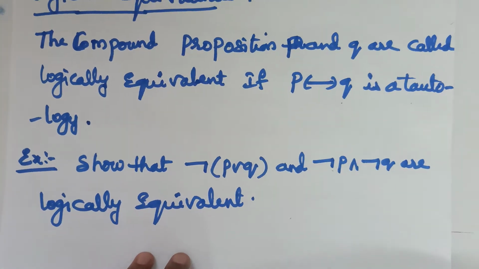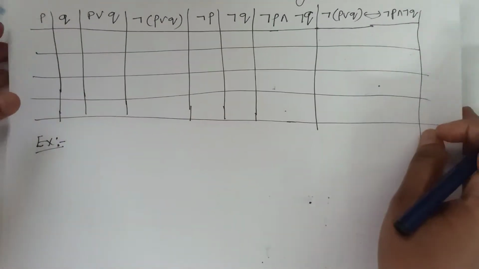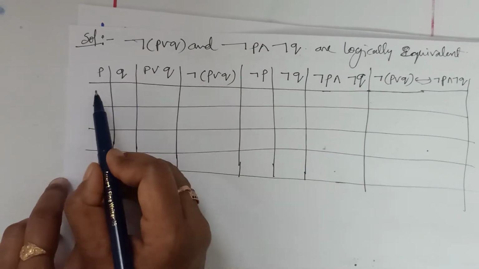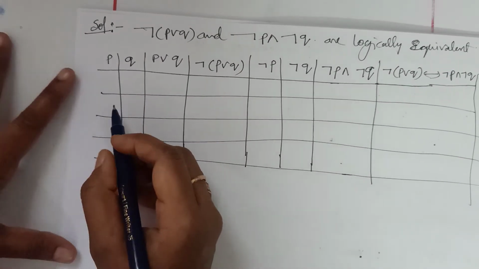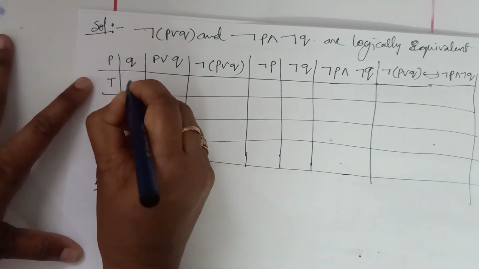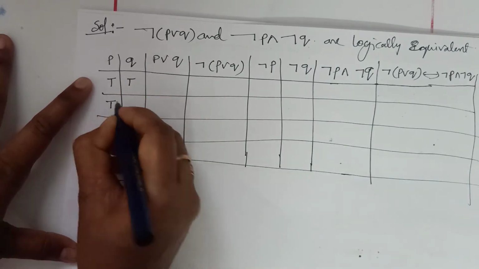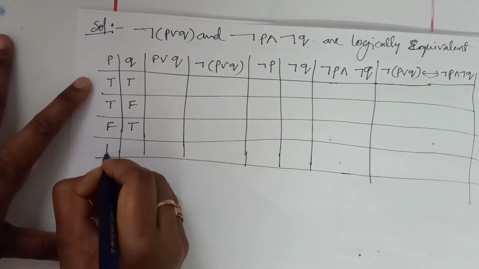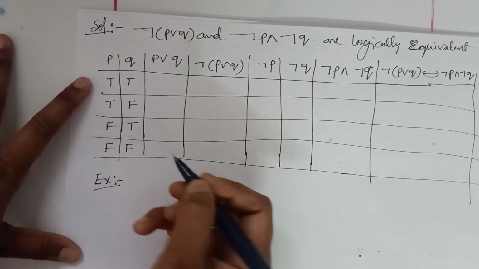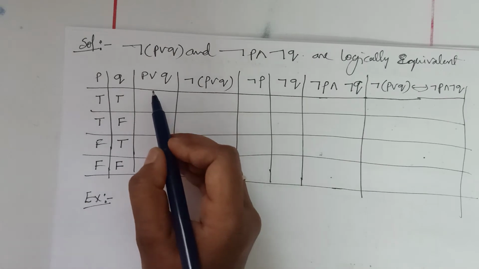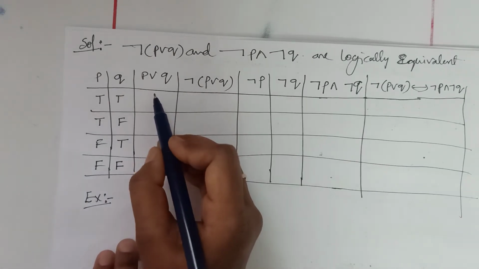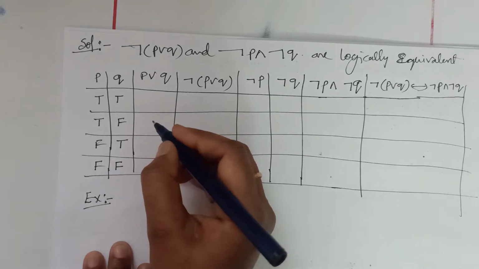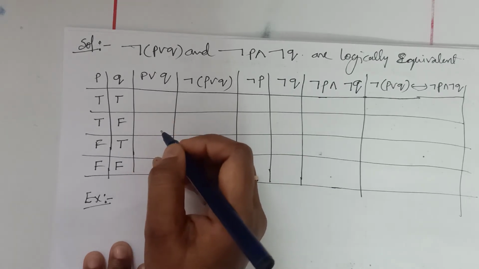Here I am going to solve whether these two are logically equivalent or not. Now I have taken propositions P and Q: true true, true false, false true, false false. We discussed connectives in the last session: conjunction, disjunction, biconditional and conditional.